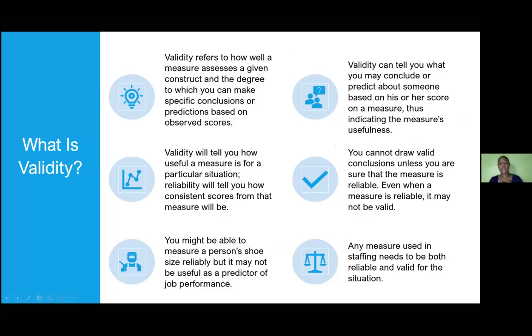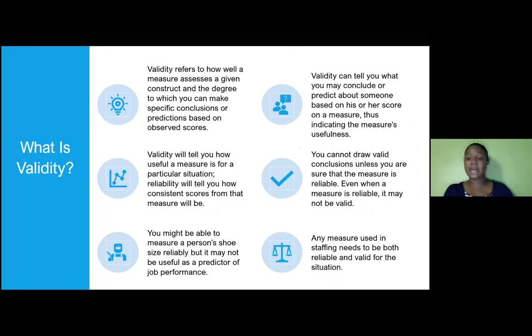Thank you. And now I will look at validity and the importance of validity in measurement. Validity looks at how well, or the accuracy of a measure in assessing what it is designed to assess. So if we want to measure intelligence, we should have an intelligence test.